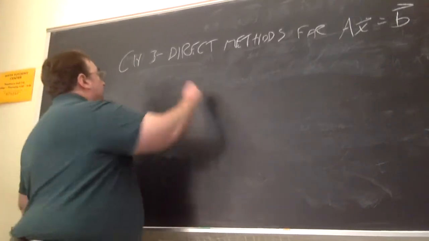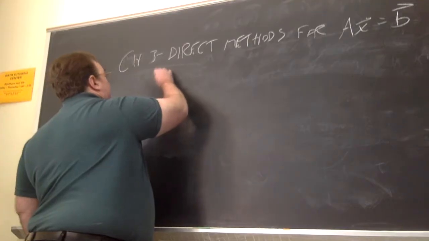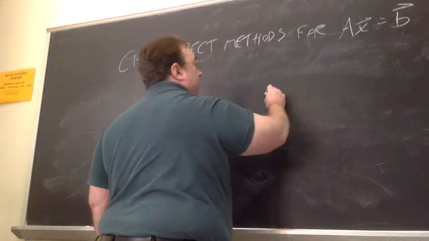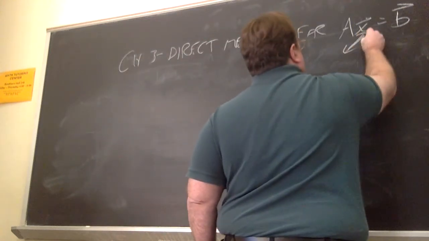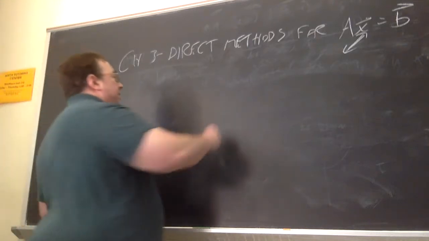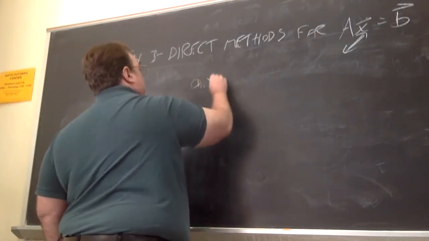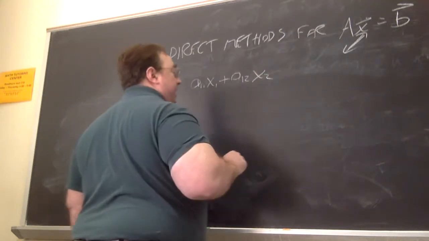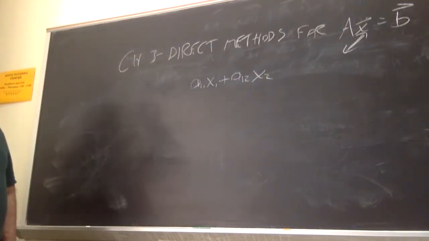So what we have is the system Ax = b. I should mention in the book, I have two appendices at the very end.